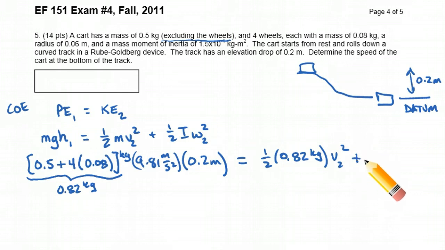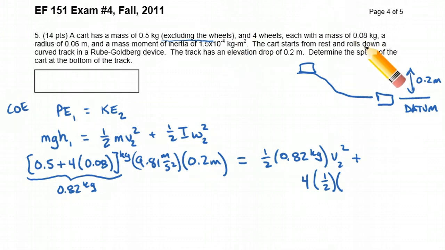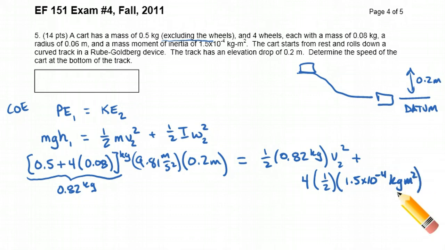I have 4 wheels, so there's the 4 wheels, and each one has a moment of inertia of 1.5 times 10 to the -4th kilogram meter squared. So here's 4 wheels, the 1/2 from the rotational kinetic energy equation. Here's my I.